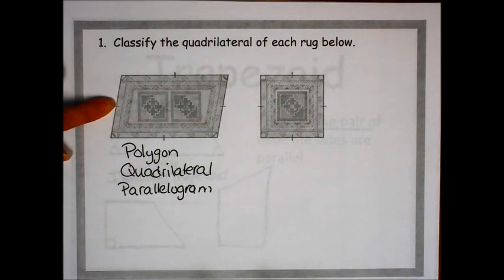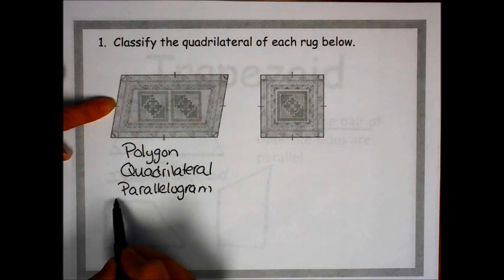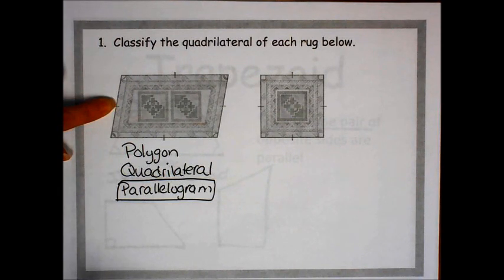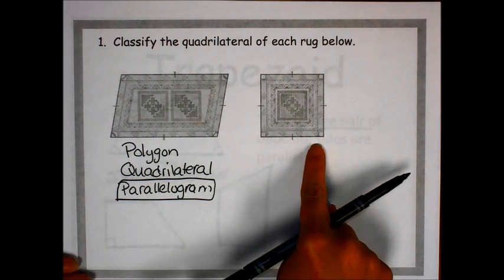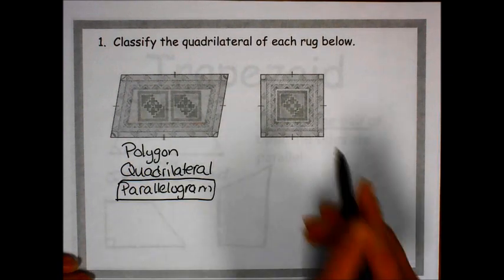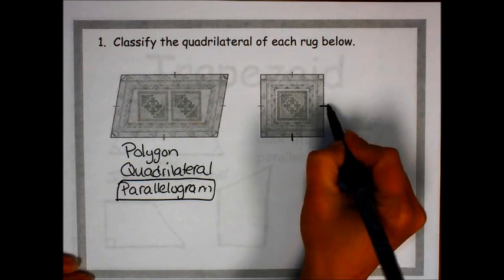Most of the time when I ask you to name the polygon, I want the most specific name possible. But you also need to know that I can also call this figure a polygon, and I can also call it a quadrilateral.